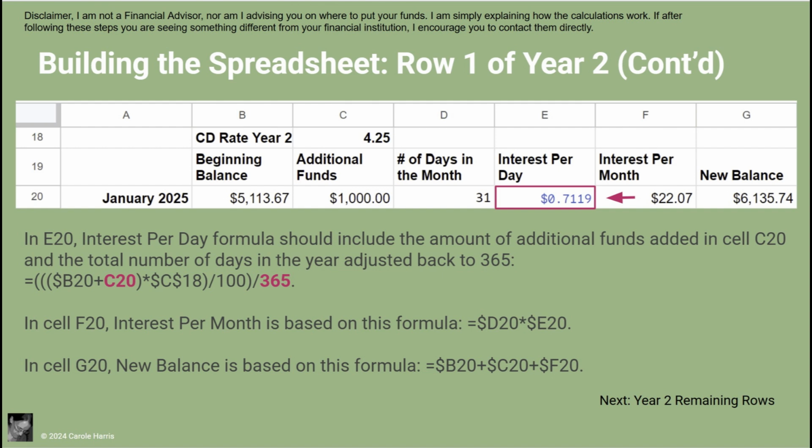In cell F20, the formula is D20 times E20 to get the total interest for the month. In cell G20, the new balance is the beginning balance from B20 plus additional funds in C20 plus interest earned in F20.